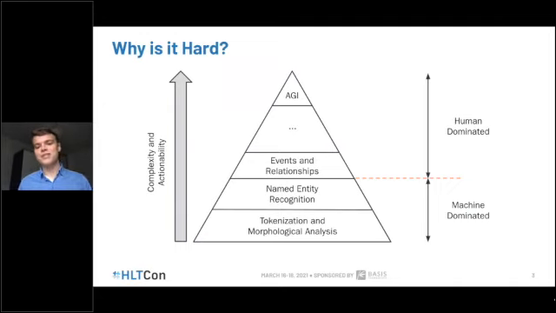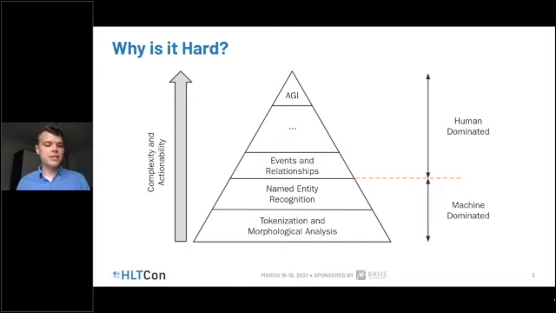And so that's why you see this dotted line toward the middle of the pyramid, where everything beneath it, we can be reasonably confident that we can just throw it at a computer and the computer is going to give us a generally correct answer. I'm not trying to say that named entity recognition is a solved problem, but generally speaking, we can get decent results with pretty high confidence.